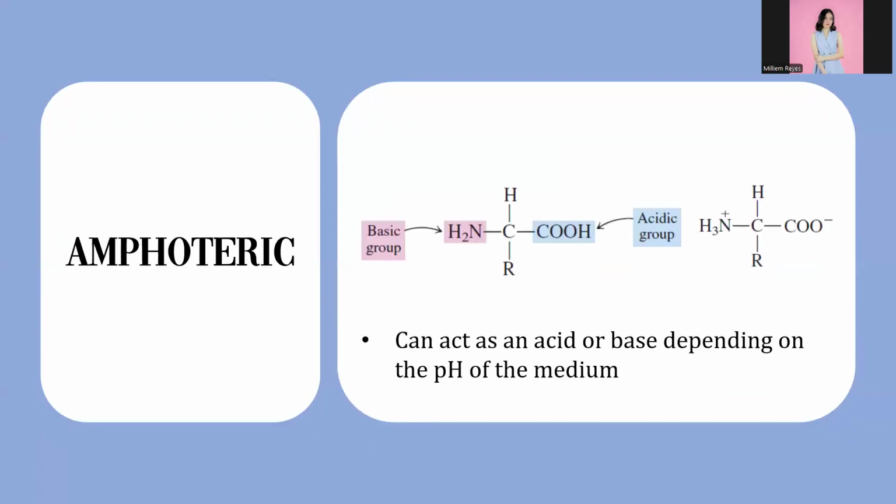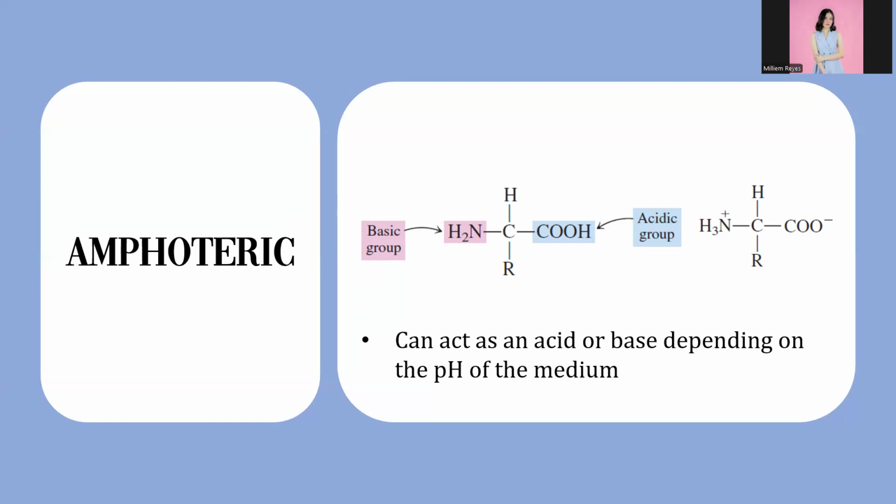So yan na. Amphoteric again means that it can act as an acid or a base depending on the pH of the medium. Why is that? That's because we have a basic amine group and an acidic carboxyl group. Okay. This one is the Zwitter ion form, which we'll also discuss later. So in acidic solutions, your amino acids, which are in your proteins, they will act like a base. Again, acidic solution, they will act like a base.